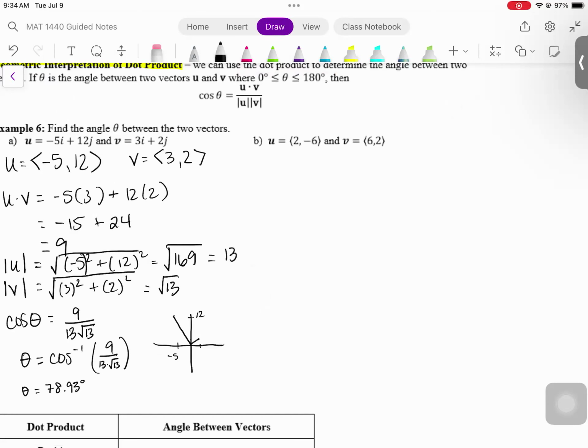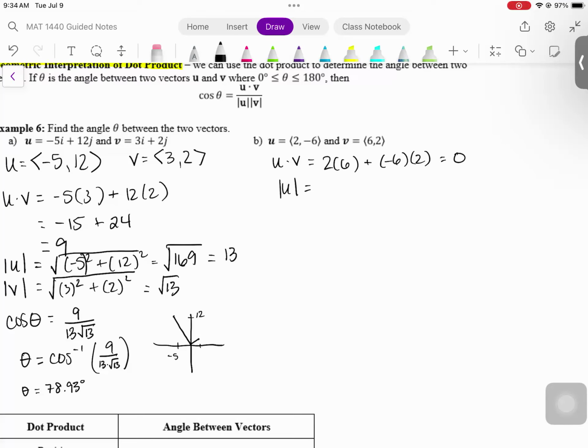In our next example, we're given vector u is 2, -6, and vector v is 6, 2. u dot v is equal to 2 times 6 plus -6 times 2, which is going to be 12 minus 12, or 0.